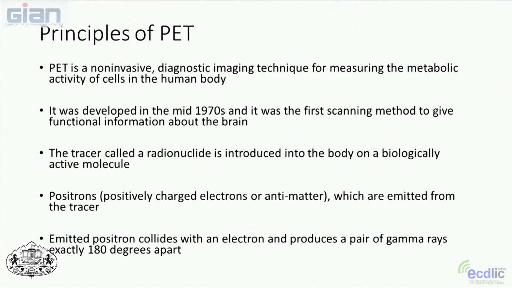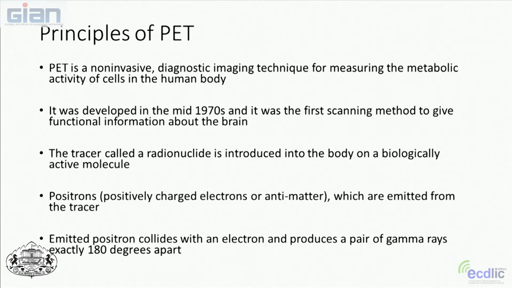So PET is called a non-invasive diagnostic imaging technique for measuring the metabolic activity of the cells. The only thing about PET is they call it non-invasive, but you use a radioactive tracer, so you do have to inject somebody with a radioactive dye.